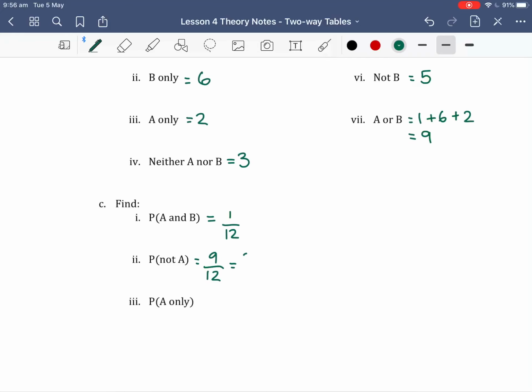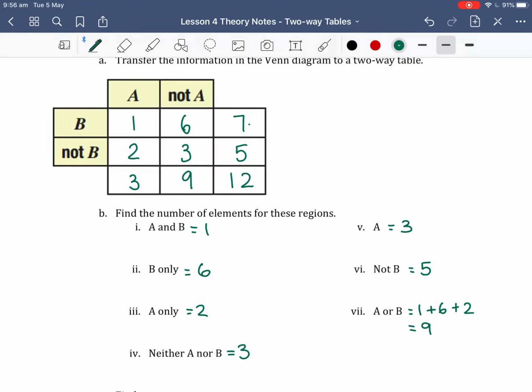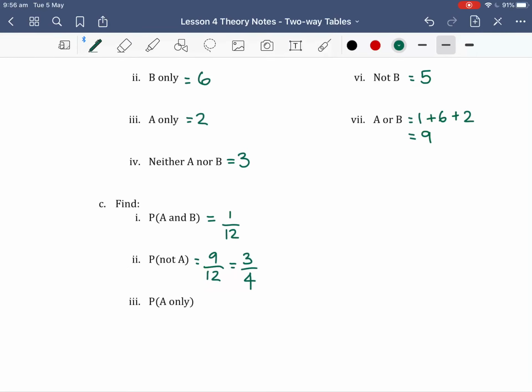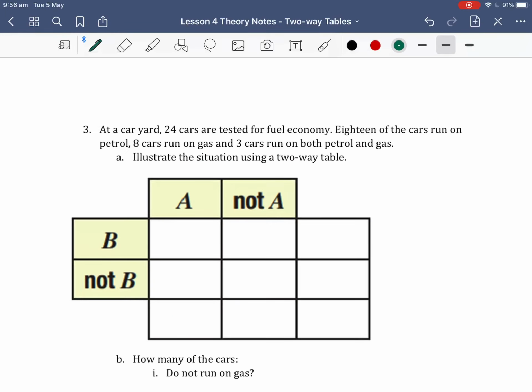So 9 over 12 is 3 over 4. And the probability of A only, which is A not B, is 2 over our 12, and that equals 1 over 6.